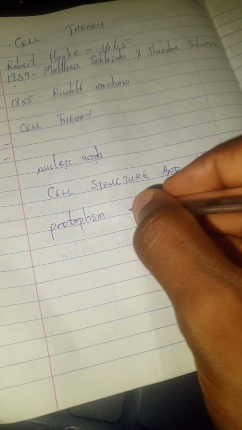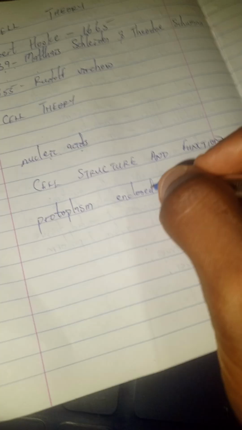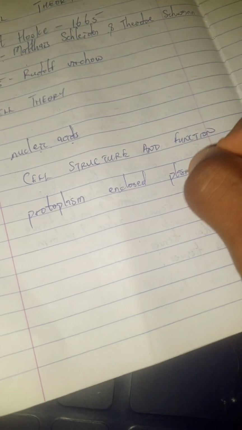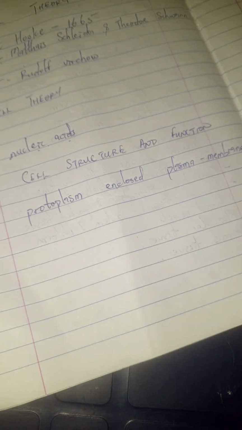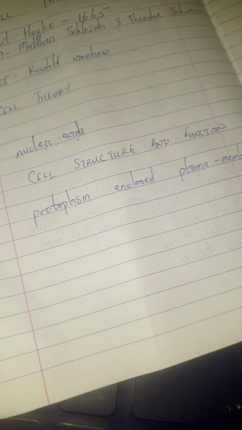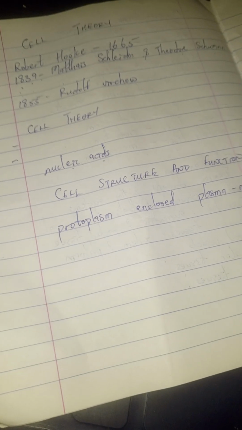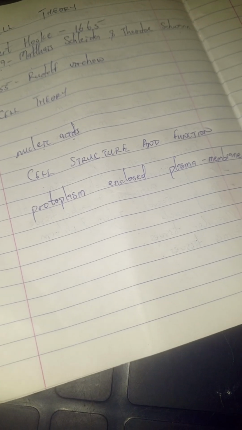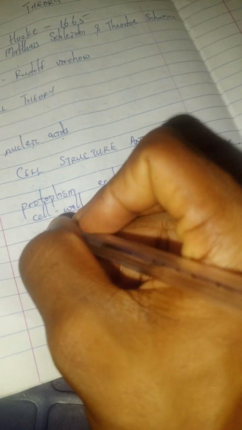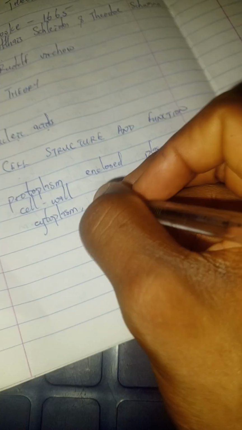This protoplasm is the living material of a cell, and it is enclosed by a membrane called the plasma membrane. Plants also have a cell wall. This protoplasm is divided into two: the cytoplasm and the nucleus.